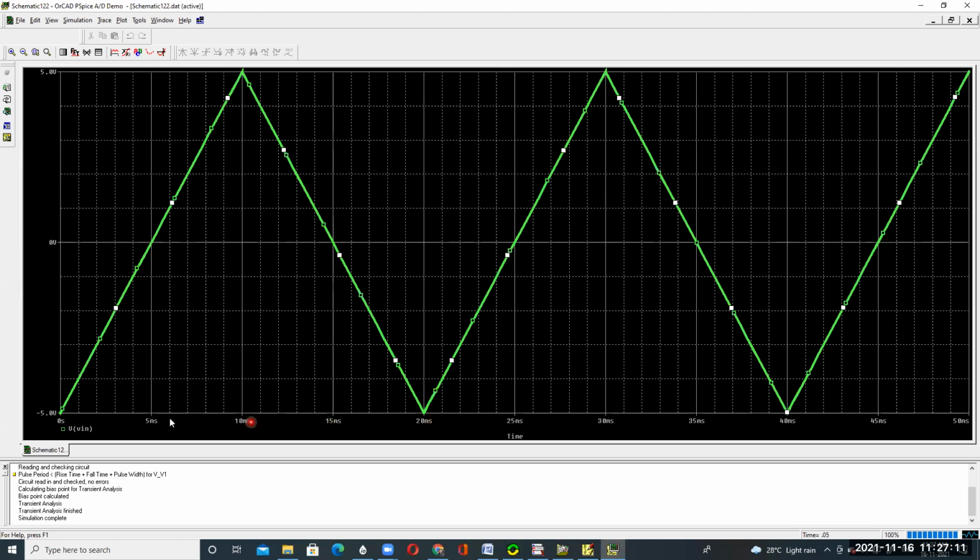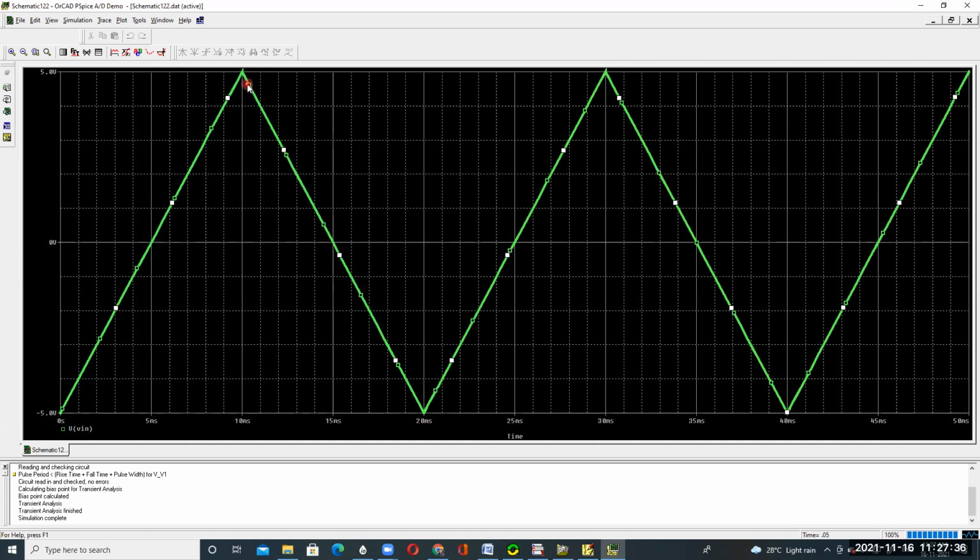Understand? Our pulse width is very, very small, and the rise time is 10 milliseconds. So 0 to 10 milliseconds is called the rise time, and 10 milliseconds to 20 milliseconds is called the fall time.